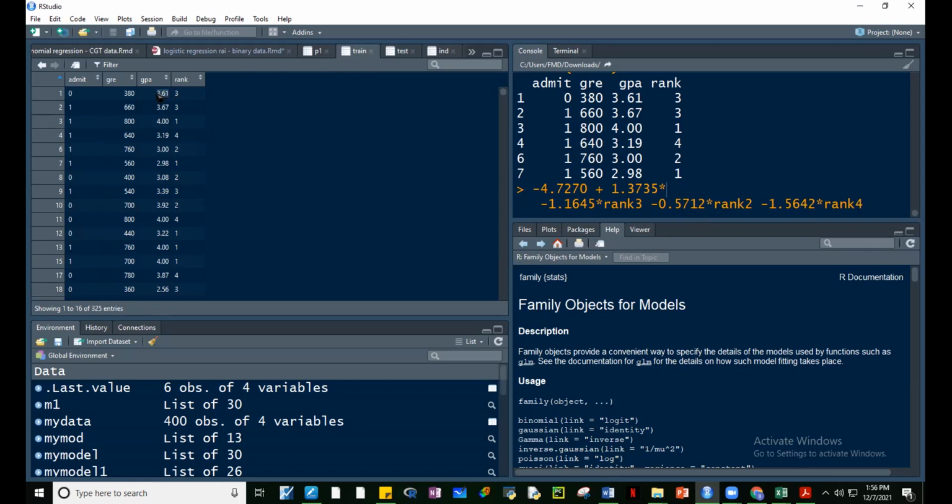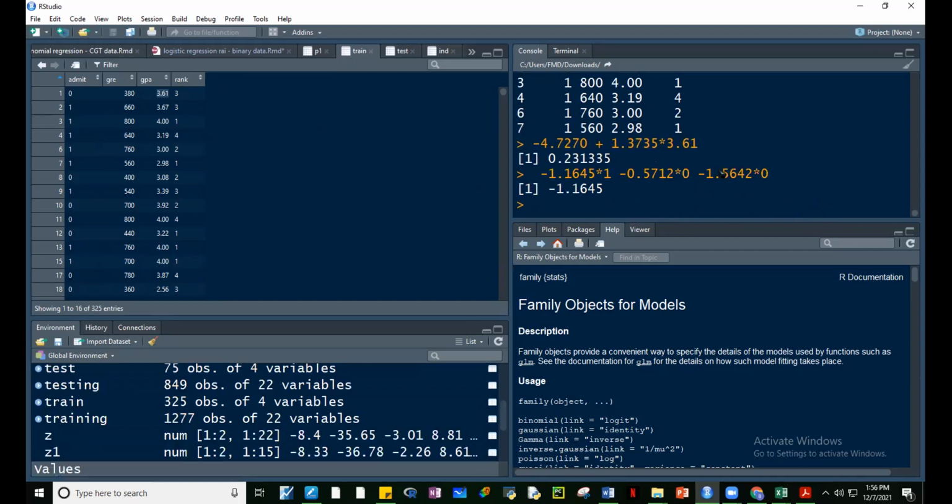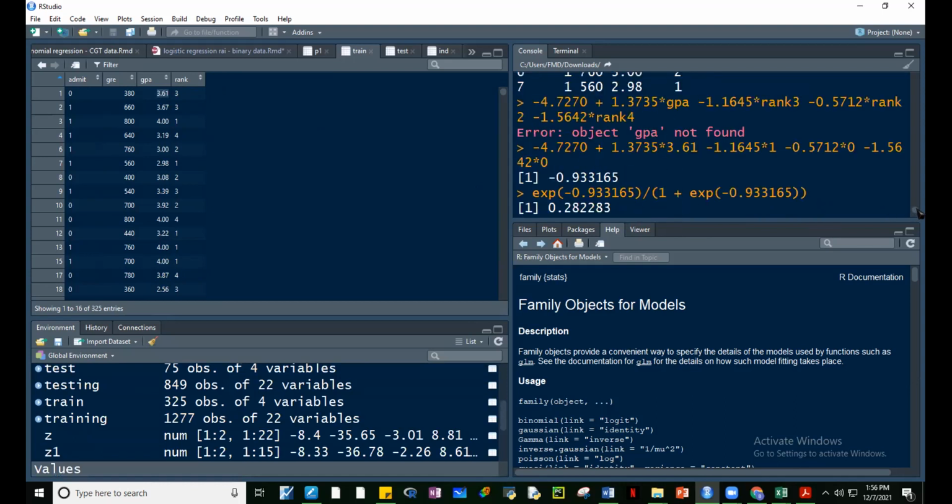So 3.61 yung ano niya, Control C. Pero ito yung kanina, di ba? And then rank 3 siya, so dapat 1 to. Kasama siya sa computation. This should be times 0. Wala to. And then this should be 0. Okay, enter. Okay. But where did I get yung negative 0.9 kanina?